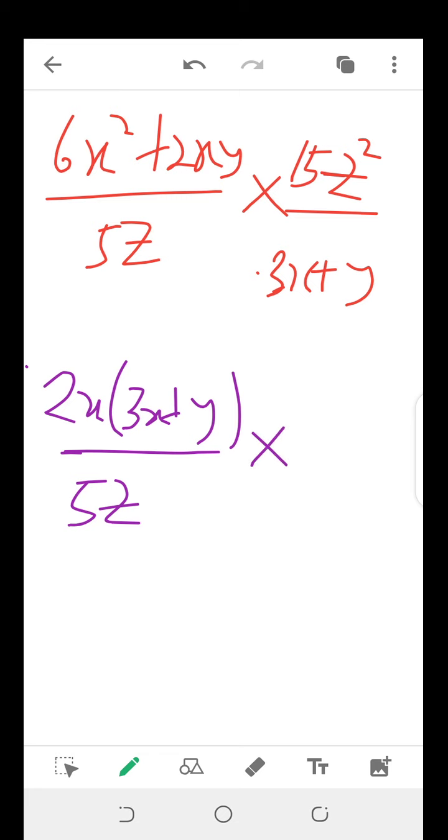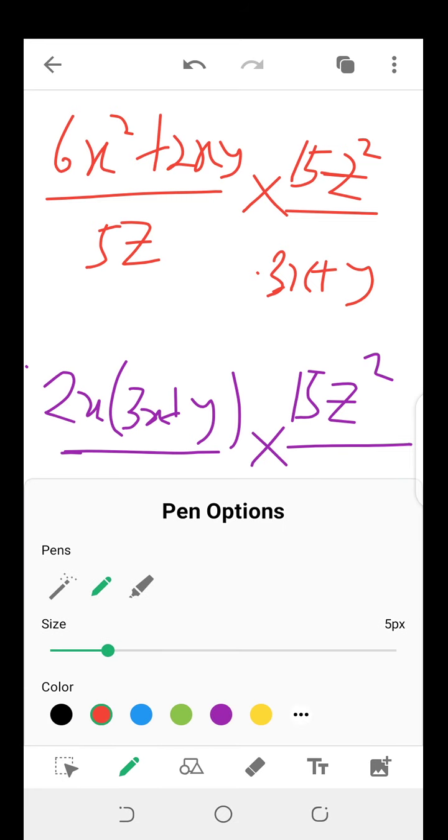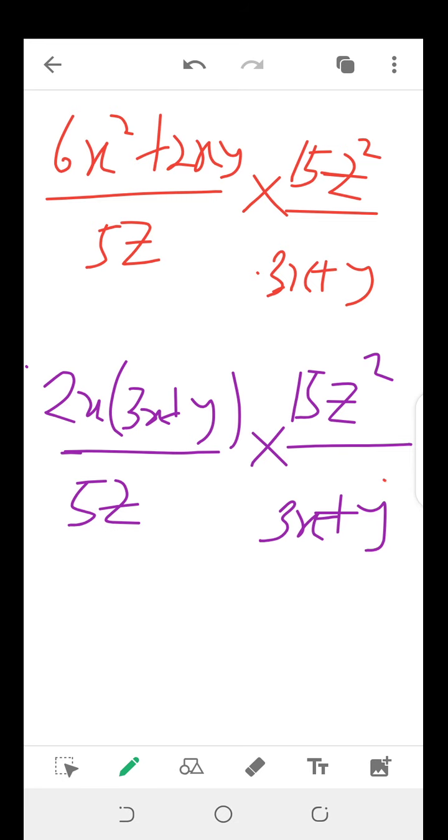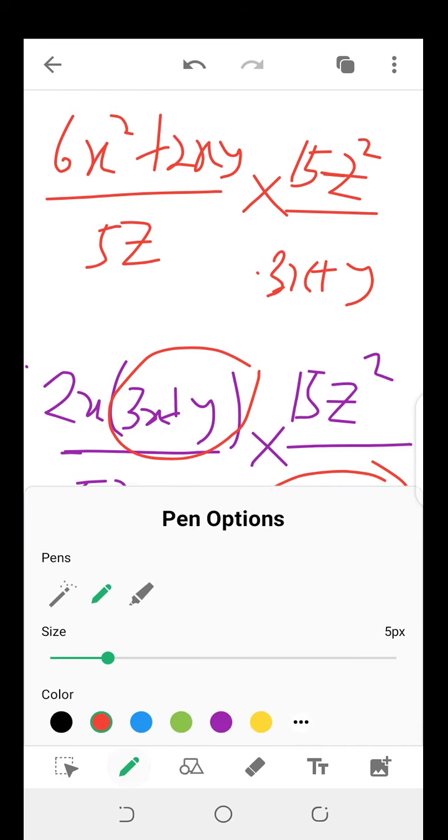All over 5z times 15z squared all over 3x plus y. Please look at something here. You can see that this and this are the same, so they can cancel out.